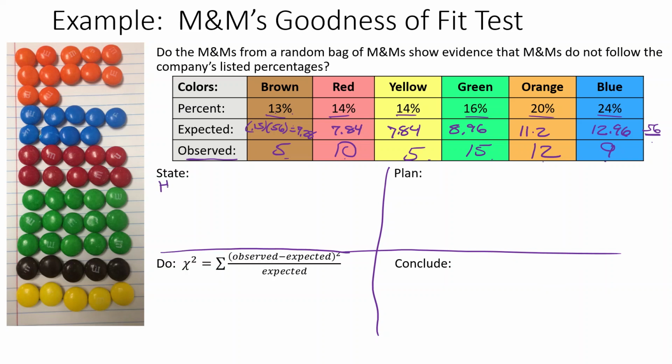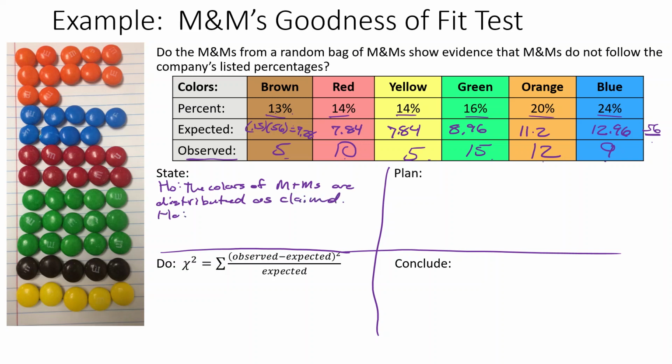So our null hypothesis will be that the colors of M&Ms are distributed as claimed.